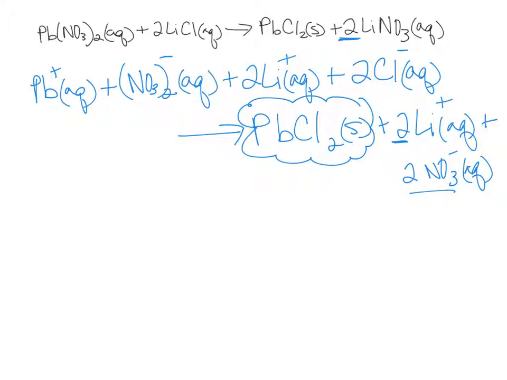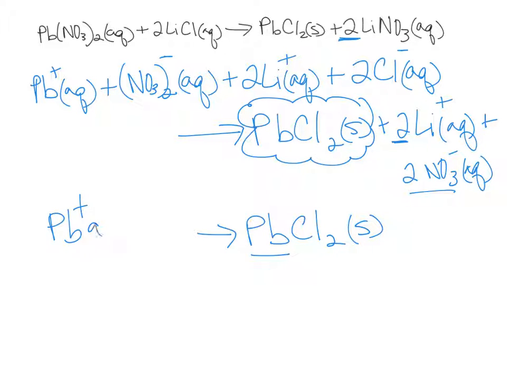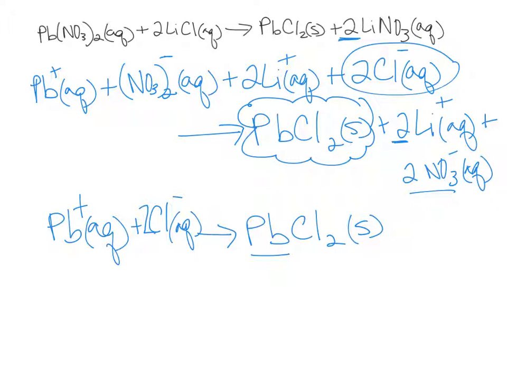and my net ionic equation is going to just have my lead chloride as my product because that's the precipitate, and the ions that participate in this are going to be my positive lead ion and my negative chlorine ion, which is right here, and there's a 2 in front, so I need to make sure I keep that, and it's going to be 2 chlorine, which is negative and aqueous.